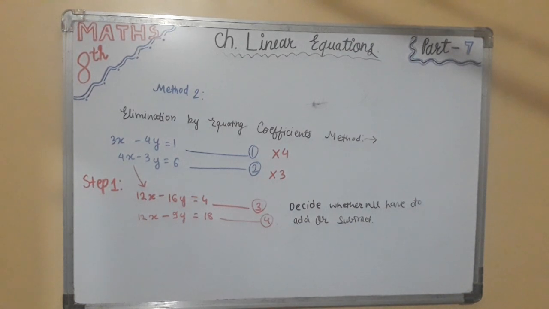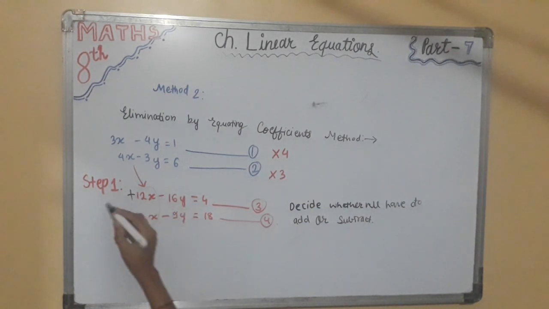In these equations we have to remove x. For that, this sign is plus and this is plus, this is minus, this is minus, this is 4 and this is 18.